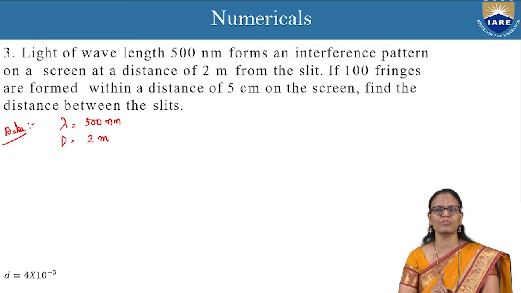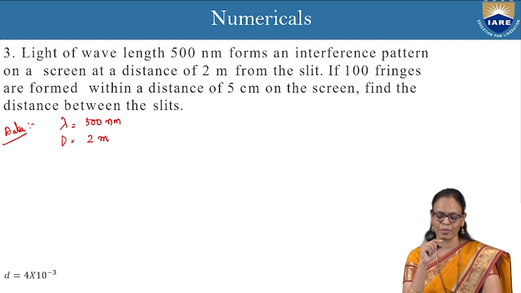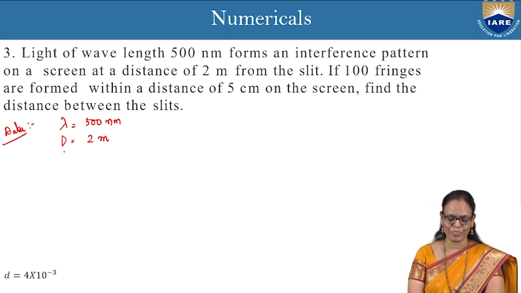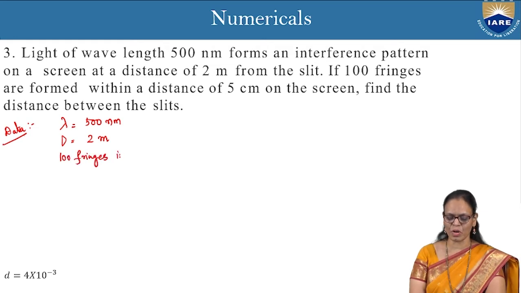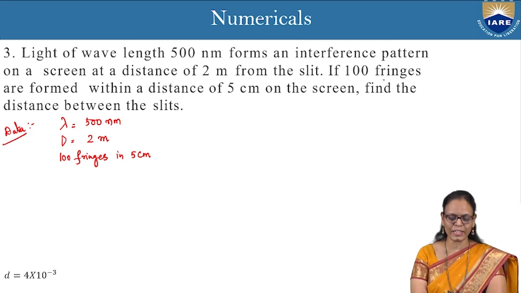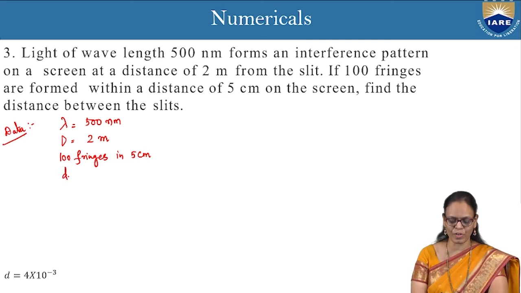When we talk about the fringe width, we talk about the width of each fringe. Now the fringe width is not given directly. What is given here is 100 fringes within a distance of 5 centimeters. So we have to find the width of each fringe and then find the distance between the slits. So we have to find small d.